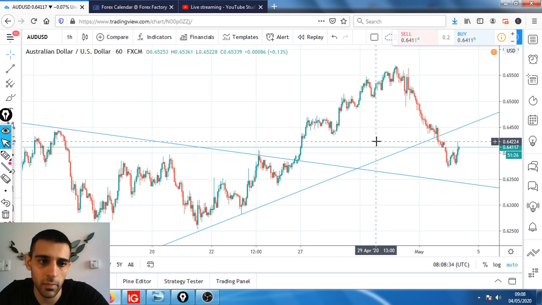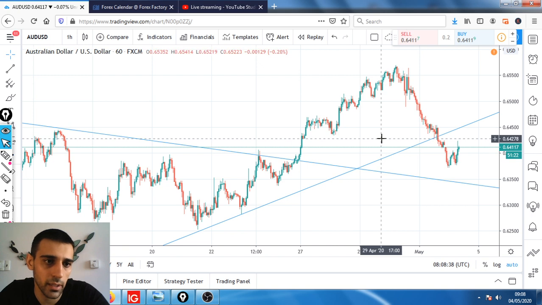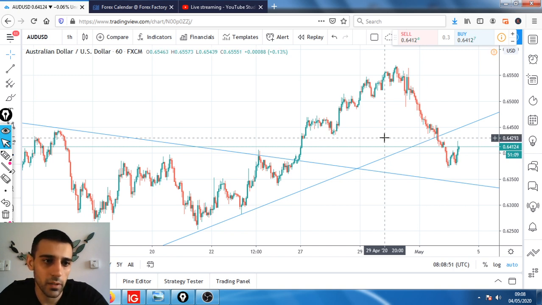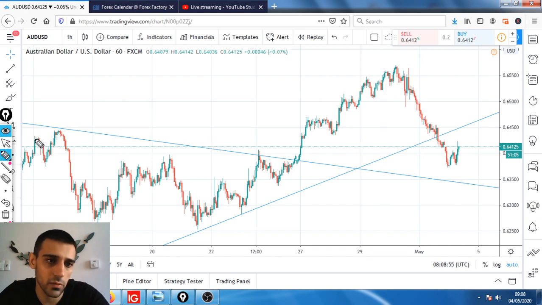The price already came up and tested this high here and is trying to push higher. We have this level at 64.25. Maybe the price will push a bit more and come up to 64.25 or 64.30, more like 64.25. We have this level up here, about 10 pips away, so it's not that far.